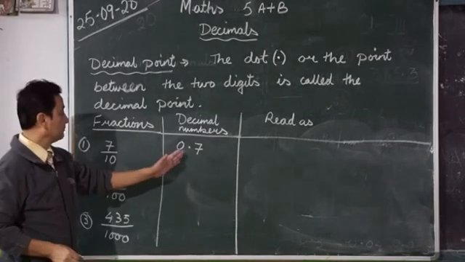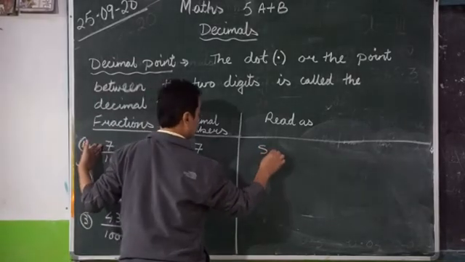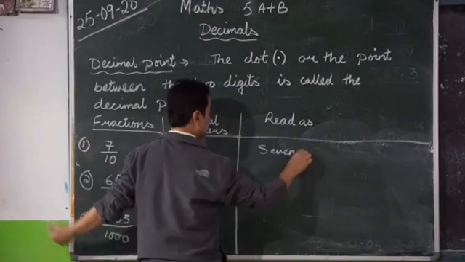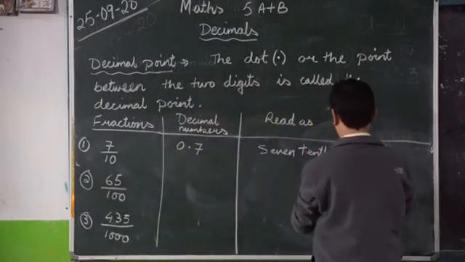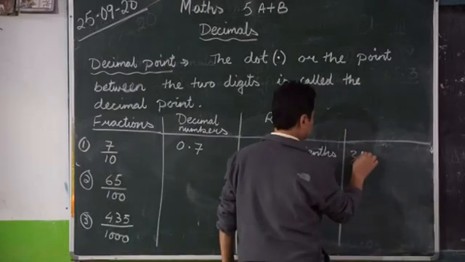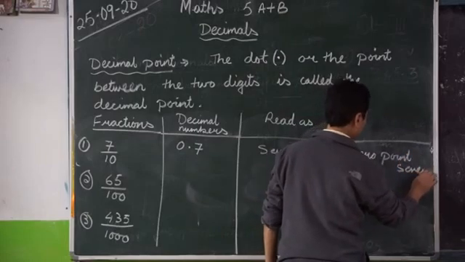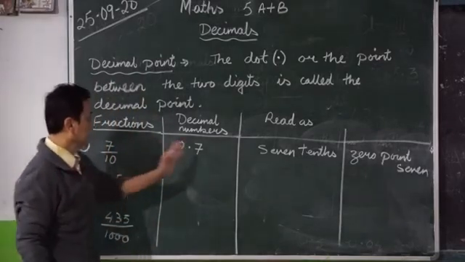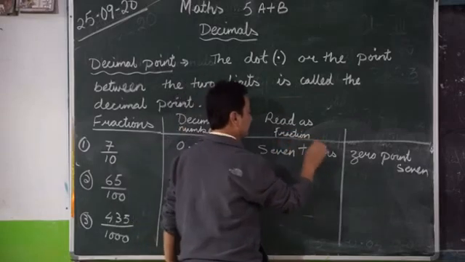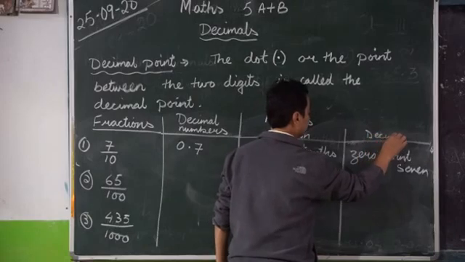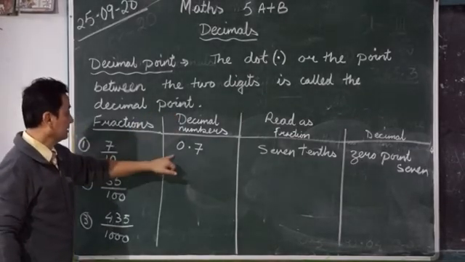And 0.7 is written as 7 tenths when you read it as a fraction, and when you read the decimal you write 0.7.